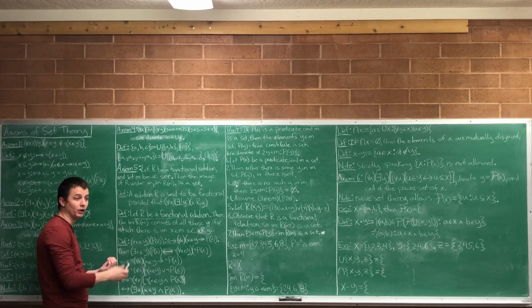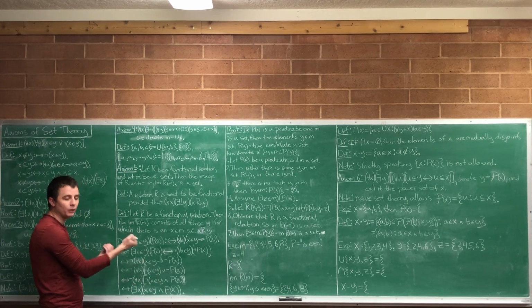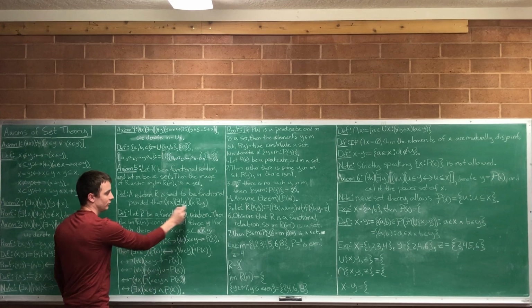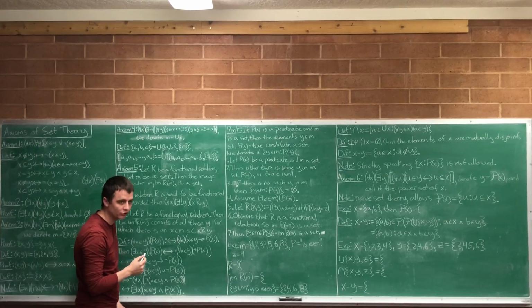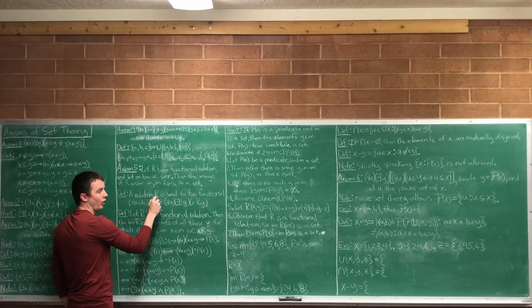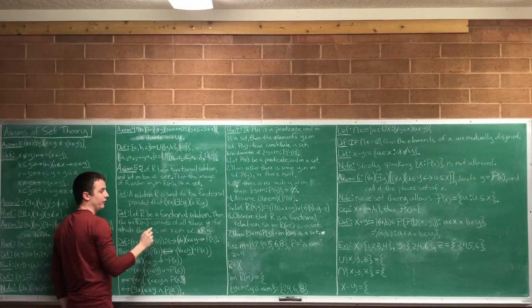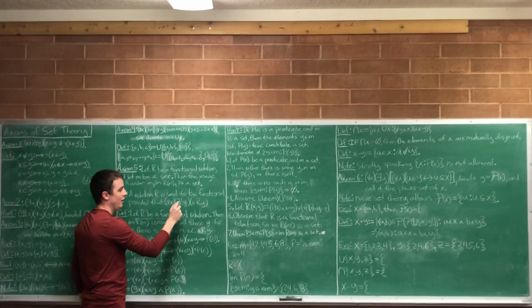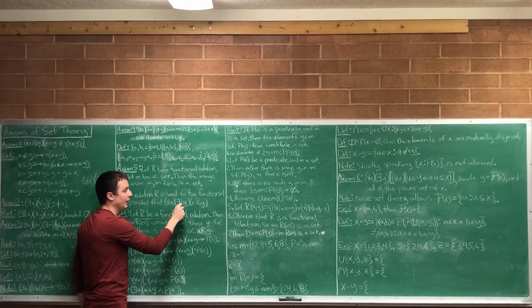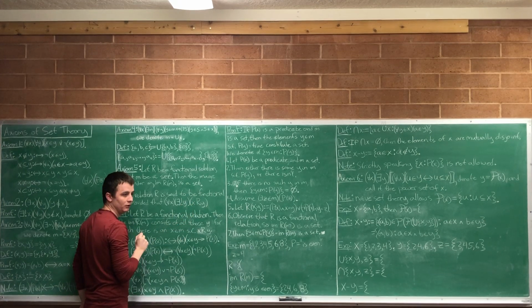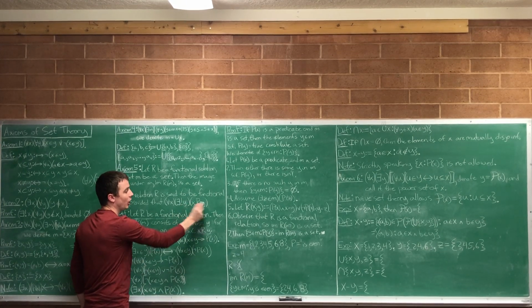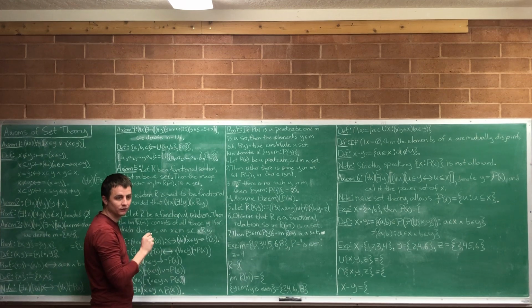If every input has one and only one output, then we call it a function. That's the same intuition that this is capturing. So the same x cannot be related to two different y's. It can only be related to one.